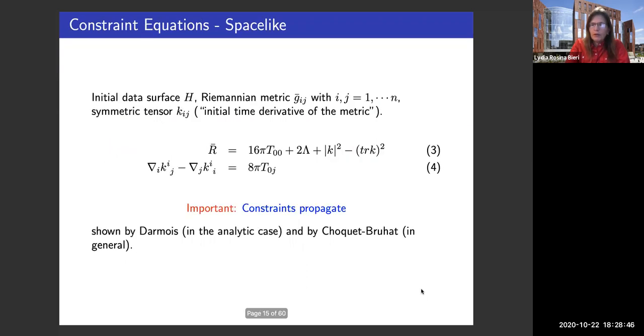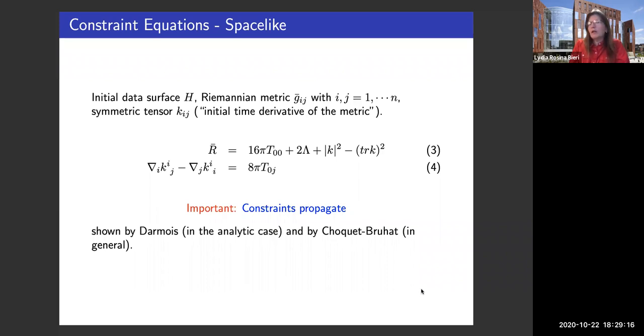Okay, so let me go on here. Let me show you a few formulas and explain what we have here. The first equation on the left-hand side, this R bar, is the scalar curvature of a space-like slice. When I want to give initial data, I still have to tell you what to do with these Einstein equations, because when I look at them, there should be a second-order hyperbolic partial differential equation that is nonlinear for the metric.